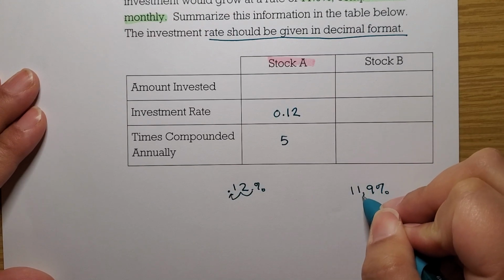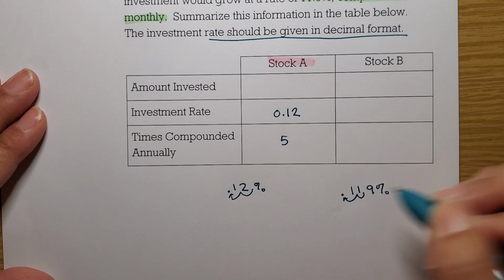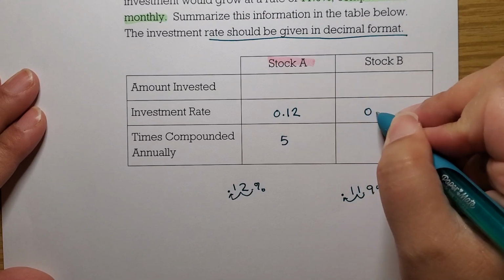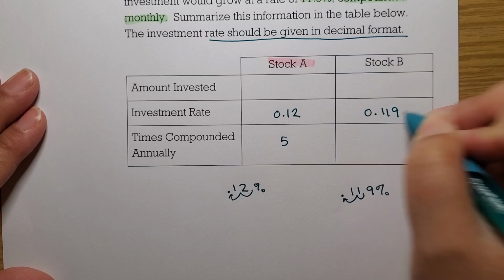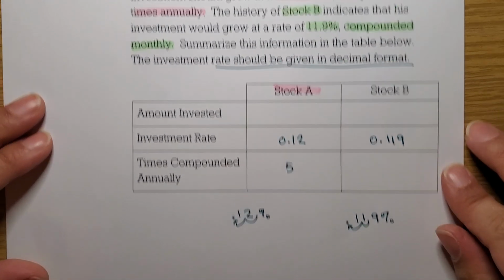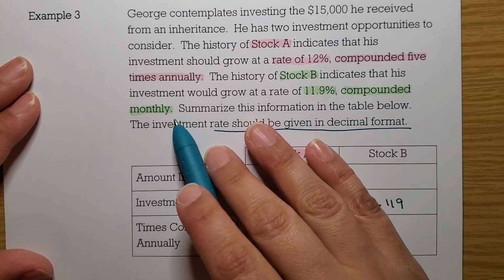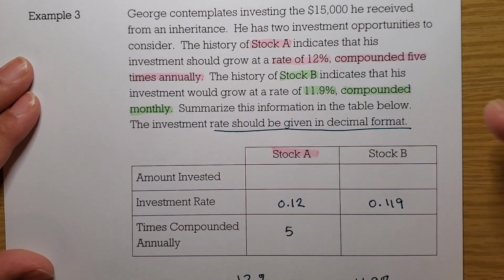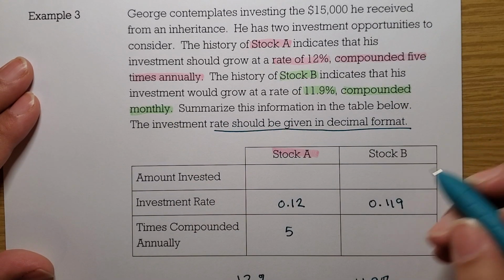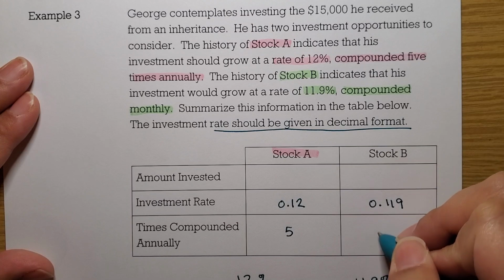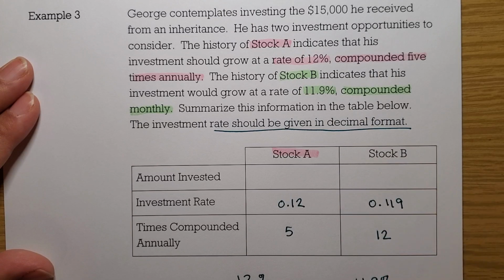So we're going to move that decimal 2 spots over, and we get 0.119. All right, and then it's compounded monthly. So there are 12 months in a year. So for compounded monthly, that means we would compound 12 times over the course of a year.